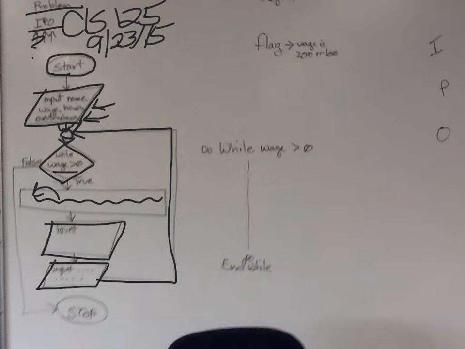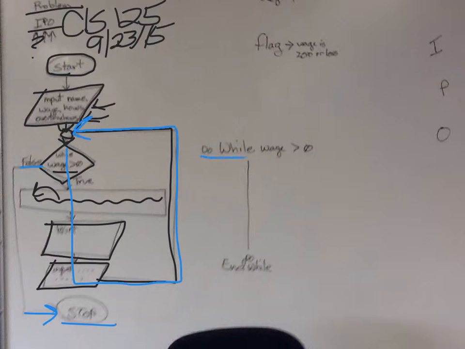As long as the wage is greater than 0, we process, get a new piece of information, and go up. Now, once we reach the false part, if there's anything to print out, any results, and then we can end up here down at the stop.